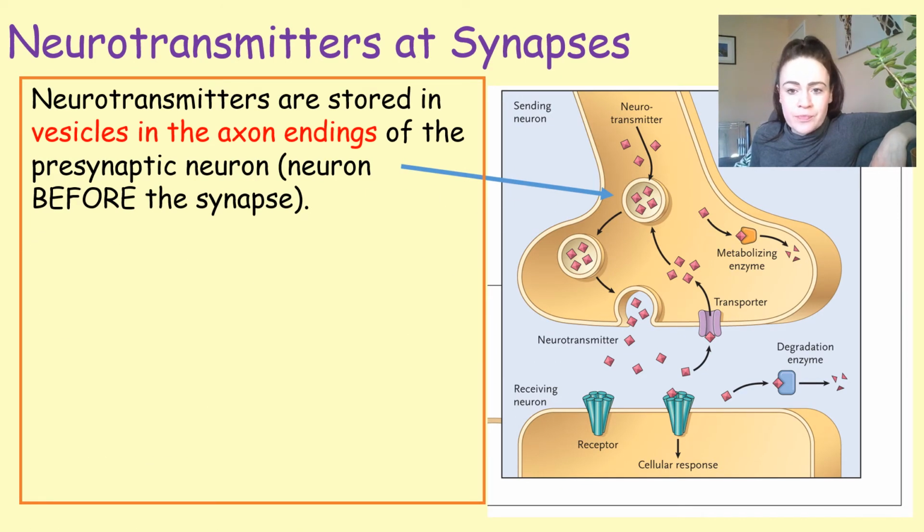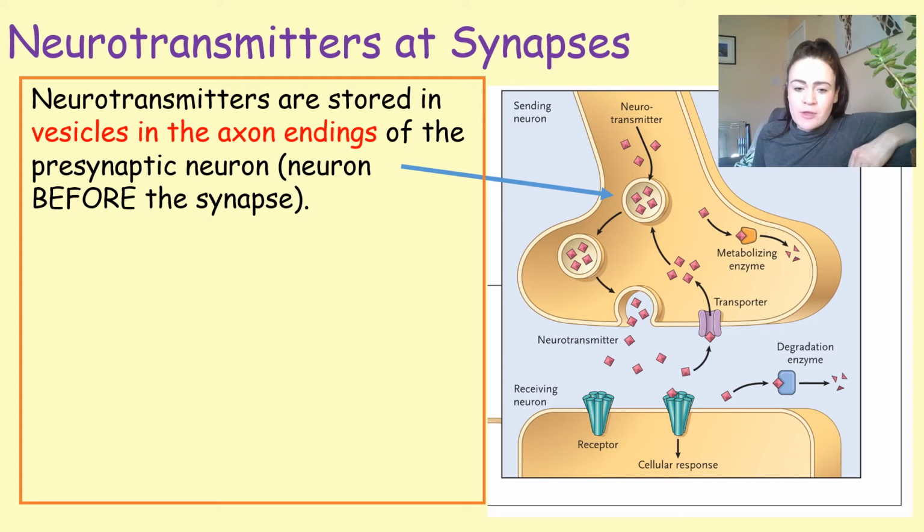Right, so first we've got the electrical impulse coming down the axon. Okay. Then, when the electrical impulse comes down, there are loads of vesicles in the axon endings that actually store different neurotransmitters. And we say that they are stored in the presynaptic neuron. Now we're going to be using terms like presynaptic and postsynaptic.